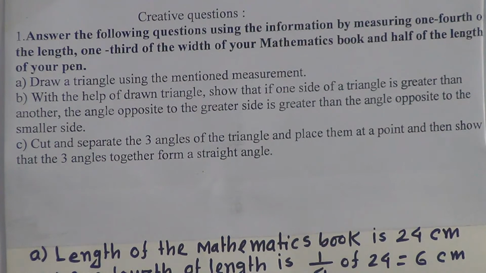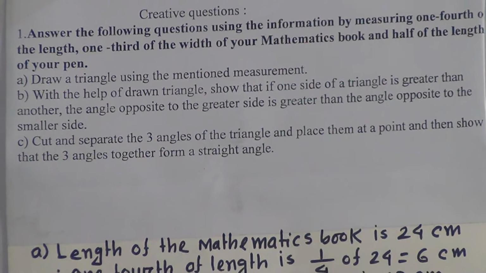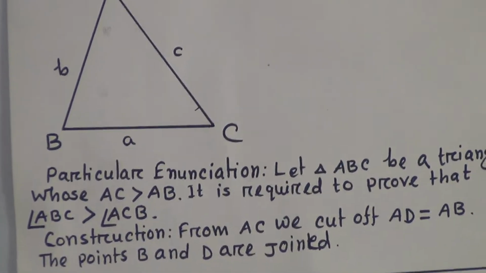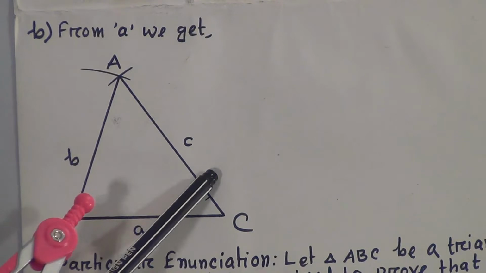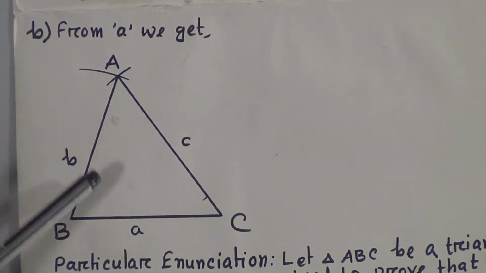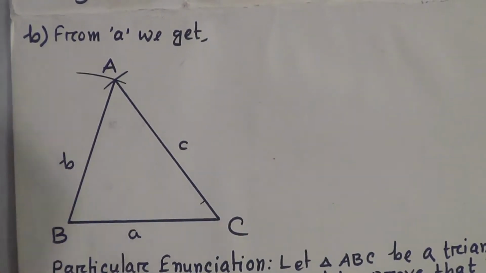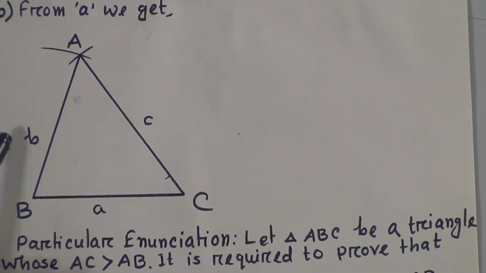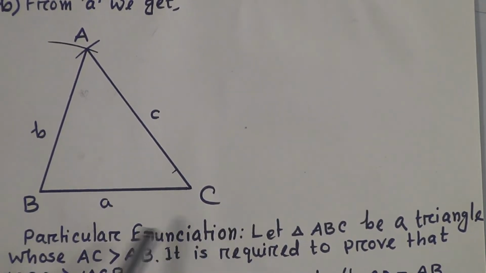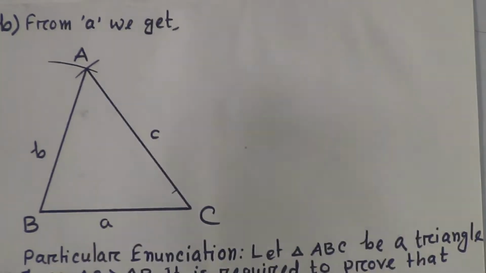Look, you see from A we get, that means this figure and this figure, they are the same figure. Now student, look, this is A, this is B and this is C. That means measurement of AC equal to what? 7 centimeter, AB equal to 6 centimeter and BC equal to A, that means 6 centimeter.